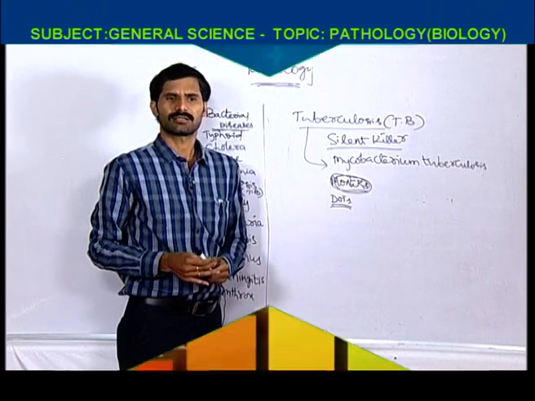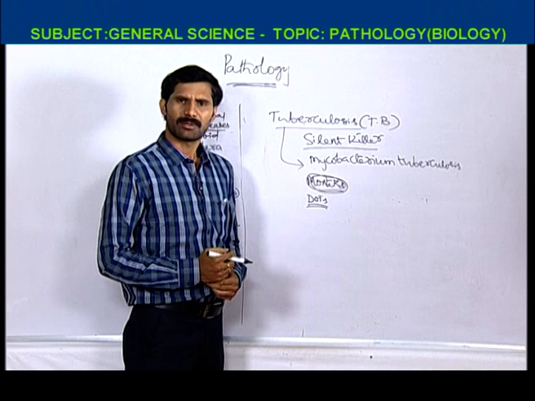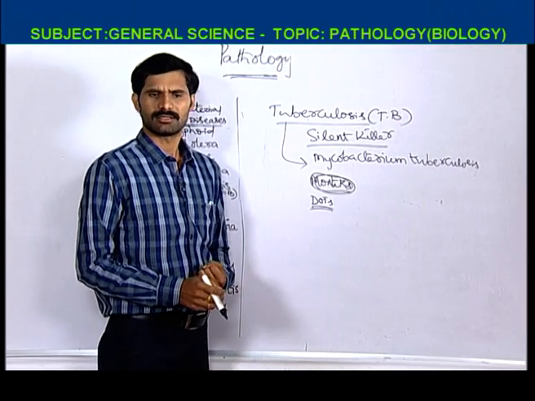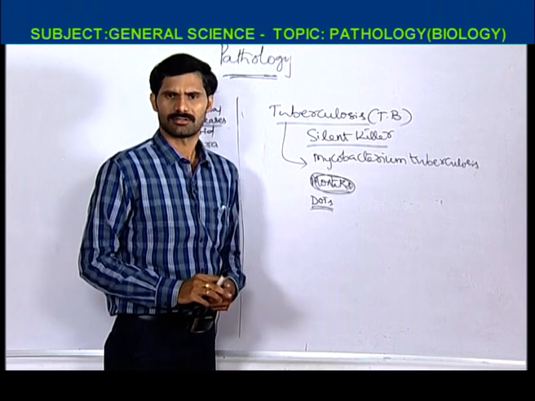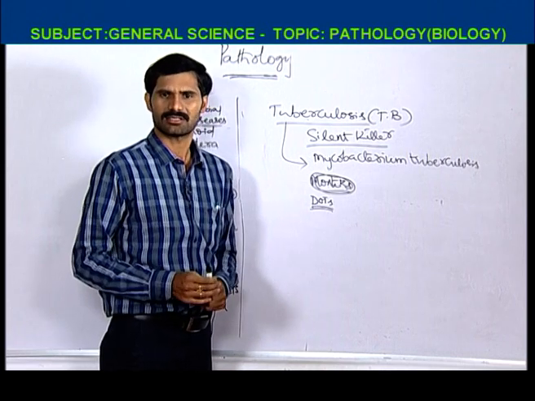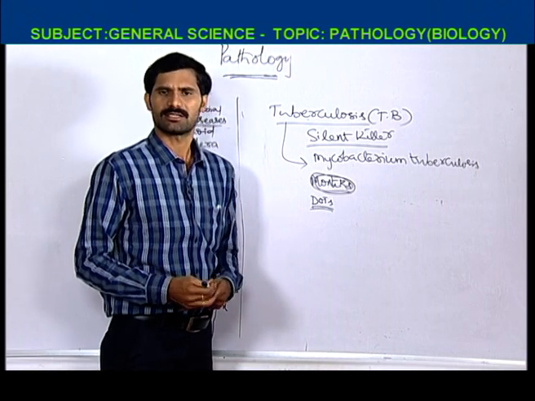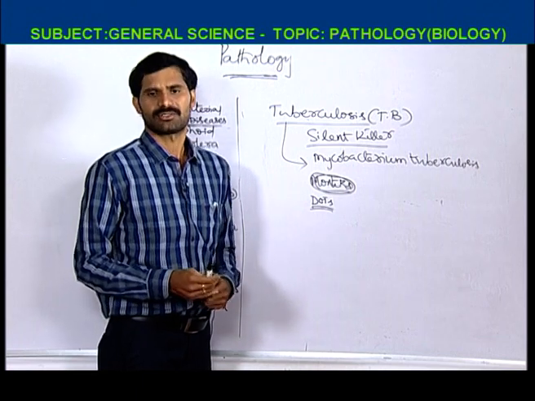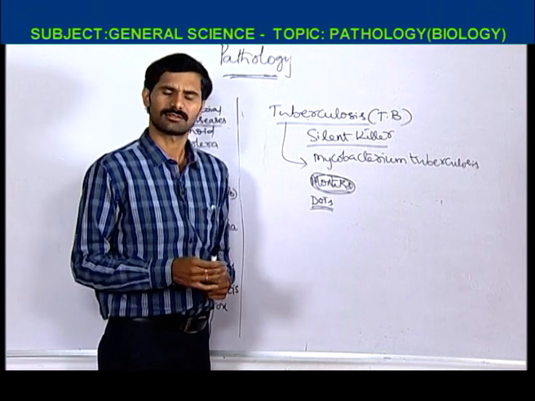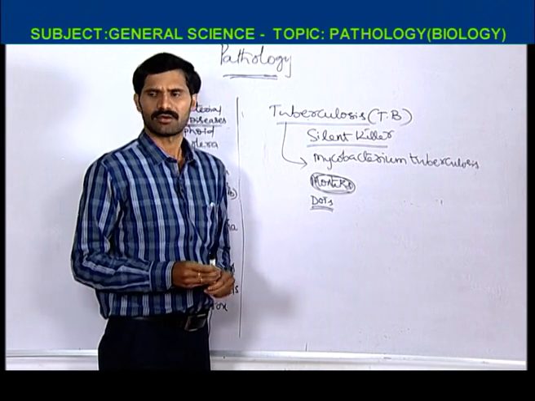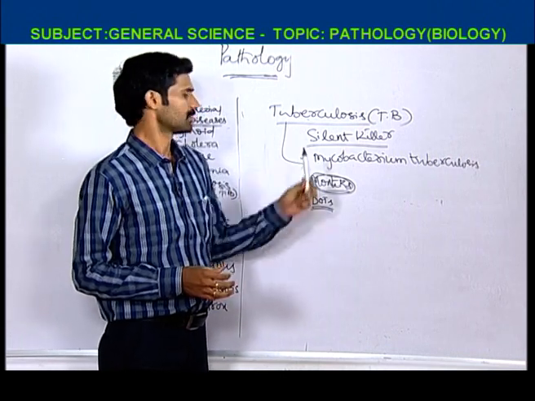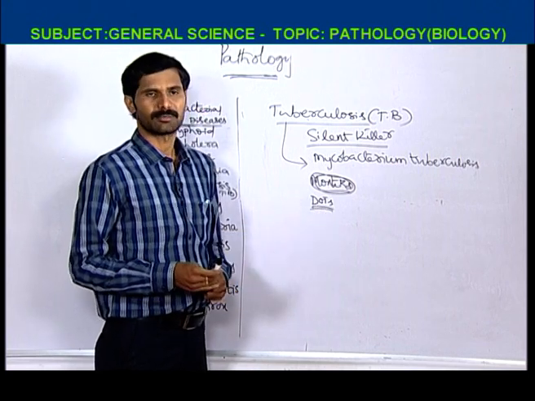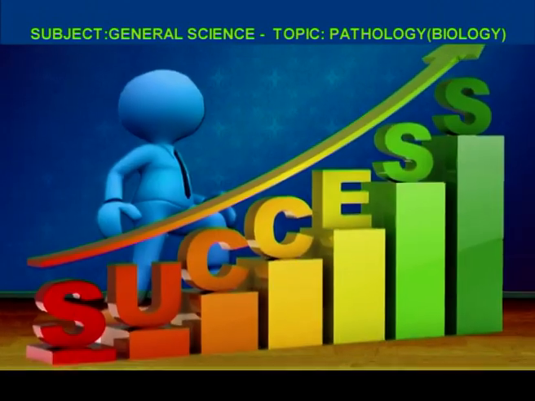There are mainly three types of confirmational tests for TB analysis: one is a sputum test or thick mucus test, second is a blood test, and third is a chest X-ray. Through chest X-ray also we can confirm tuberculosis. And in treatment, DOTS is the directly observable treatment short-course.